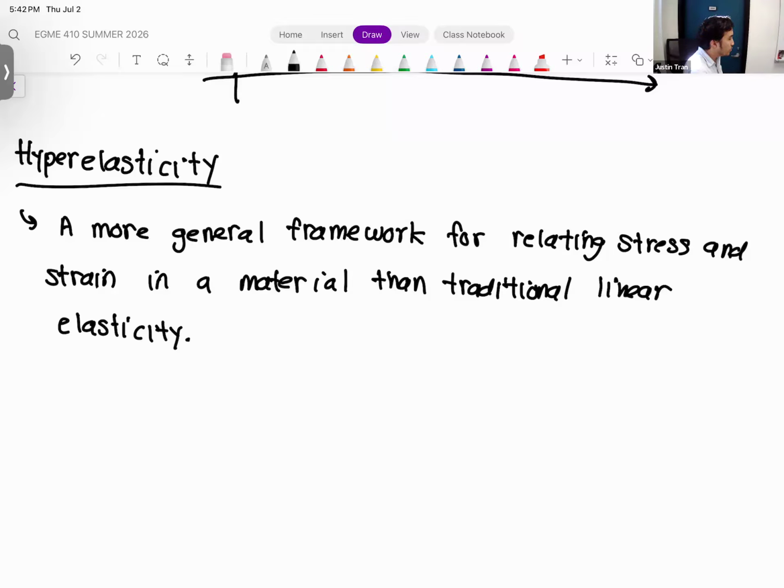But what we're seeing nowadays is a lot more interest in, let's say, composite materials and more biological materials that don't necessarily follow a linear stress-strain relationship, even for very modest deformations. So for these situations, a different way to model the material was needed, and hyperelasticity is one way to do it.